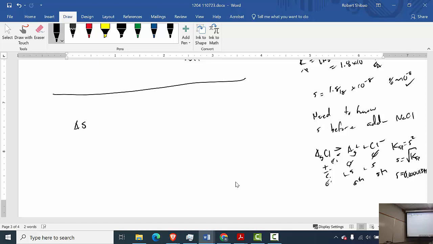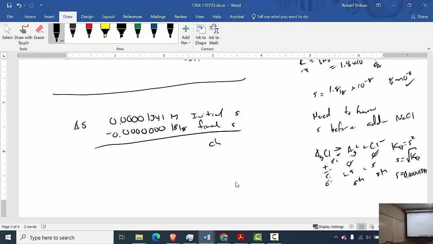And so we'll calculate delta S. Delta S is what I had before, 0.0001341 molar. This is the initial solubility, minus the final solubility, which is 0.00000001818. This is the final solubility.